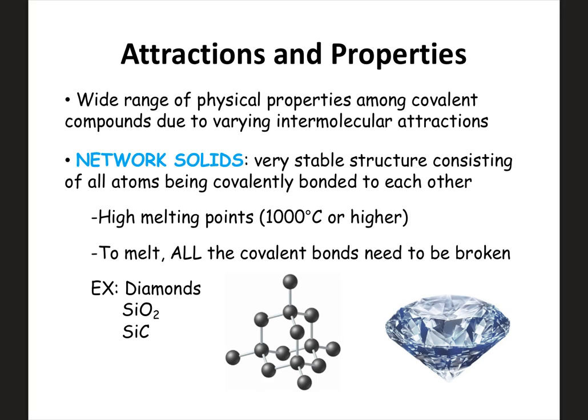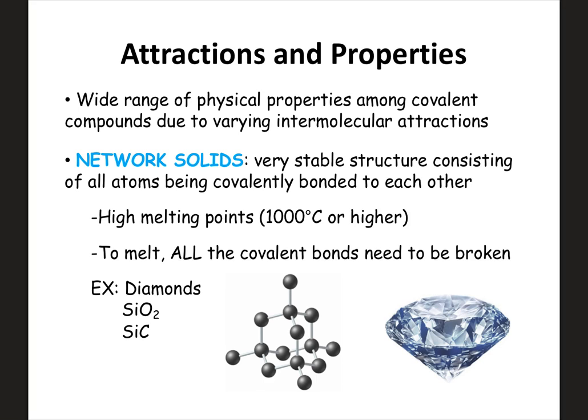As I said, covalent compounds have a wide range of properties due to the intermolecular attractions that can form. But remember here, there are these things called network solids, which are these very, very stable structures, basically where every atom is covalently bonded to every other atom.